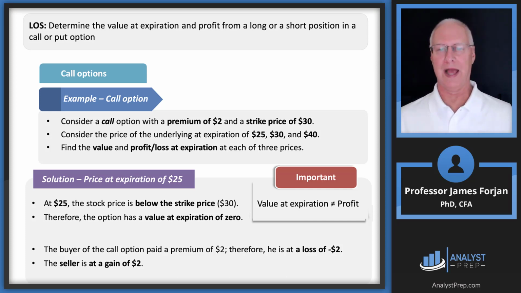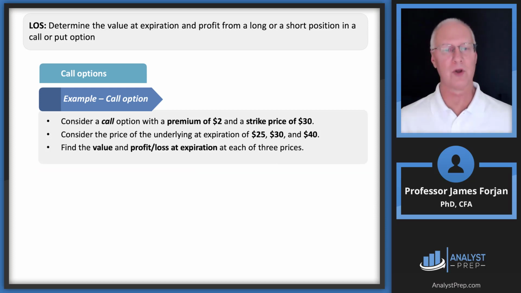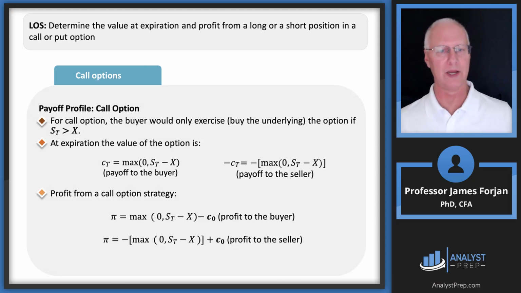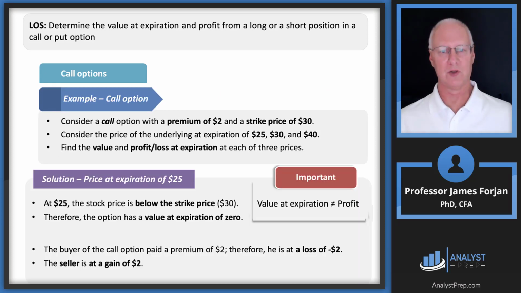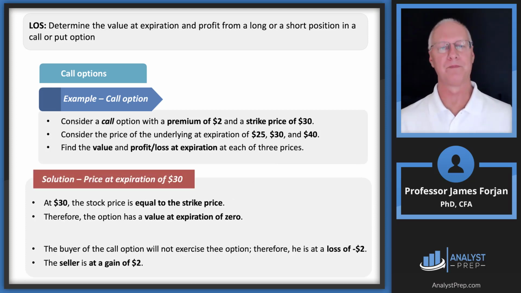So the value at expiration is 0. So that's what we're talking about back here, right? Maximum of 0, or stock price minus the exercise price. So the value is 0, but you paid me $2, so you lost $2, right? That's a minus 100% for you. And I gained $2. I got to keep your option premium.